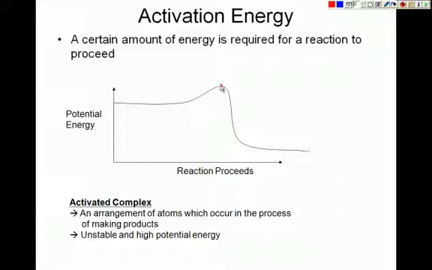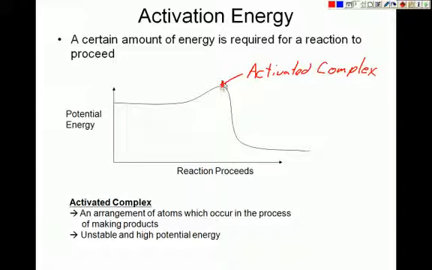What we get is it reaches a certain point where the reactants turn into what is called an activated complex. This is a very, very unstable, not really a product.